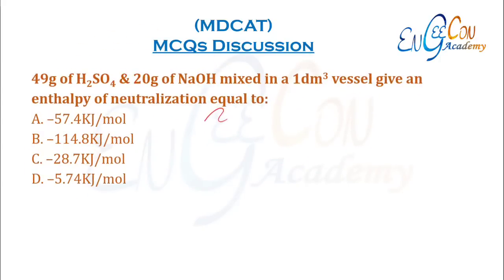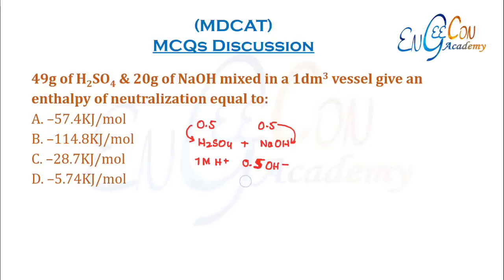49 gram of H2SO4, which equals 0.5 moles of H2SO4, are reacted with 20 grams of NaOH, which is again 0.5 moles of NaOH. So now enthalpy of neutralization would be, so 0.5 moles of H2SO4 give 1 mole of H plus, and 0.5 moles of NaOH give us 0.5 mole of OH minus.